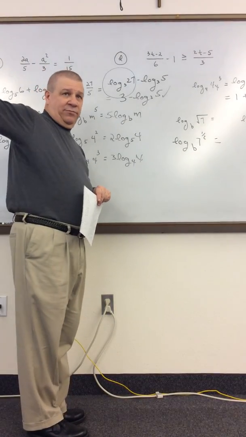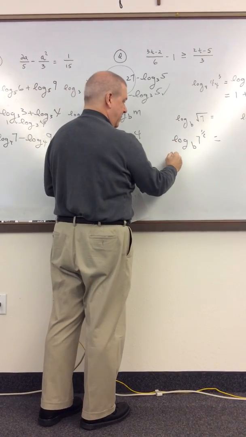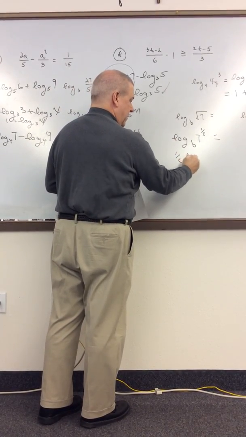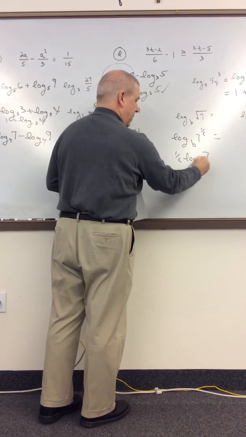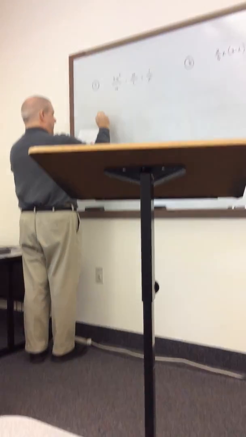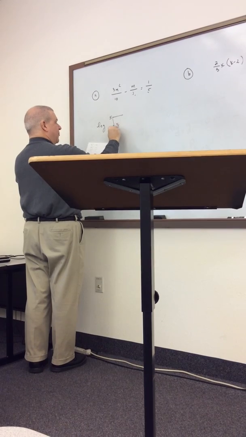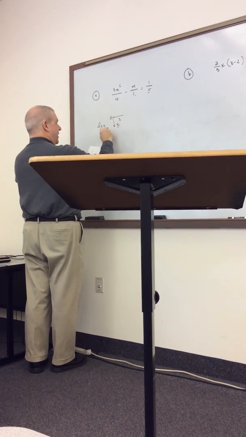I just erased it, but property 3? John? 1/2 log 7 to the base b. Now, right to the right of that, it says the log of the 5th root of x squared to the base 2.